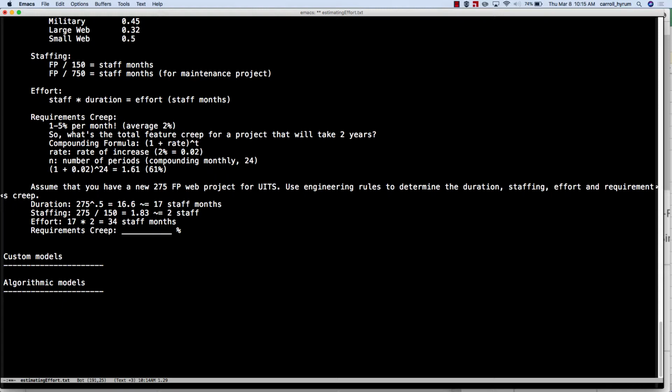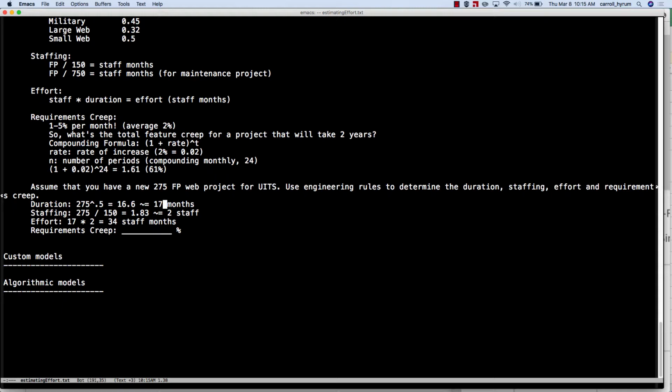Okay, so notice duration and effort are both staff months. What's the difference? I think duration is just months. Duration must be just months instead of staff months. Yeah, that would make it easier to explain.